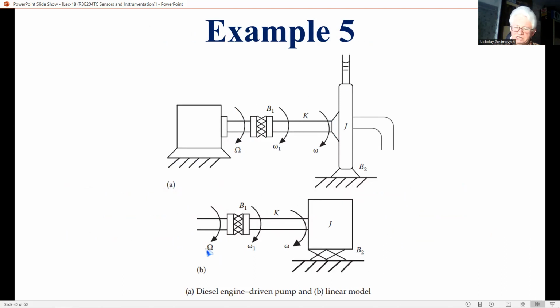The clutch is represented by a viscous rotary damper of damping constant B1. And the stiffness of the flexible shaft is K units in torque per rotation. The pump is represented by a wheel of moment of inertia J, and we can see here on the right. And its fluid load by a viscous damper of damping constant B2.